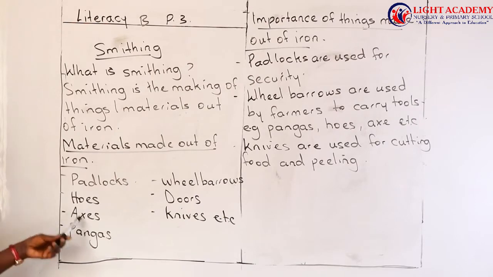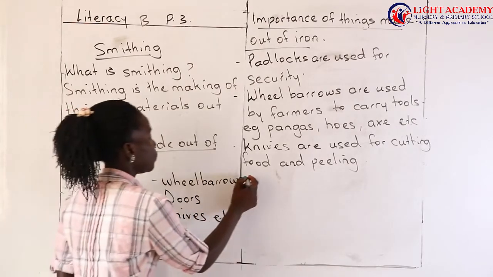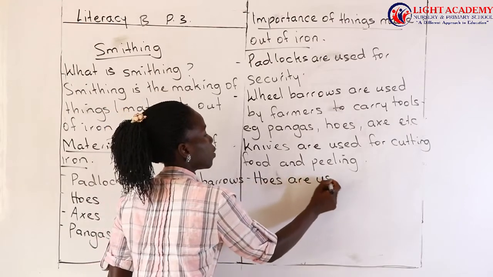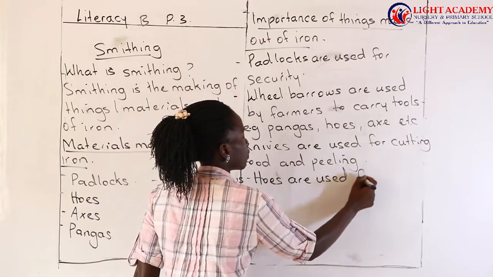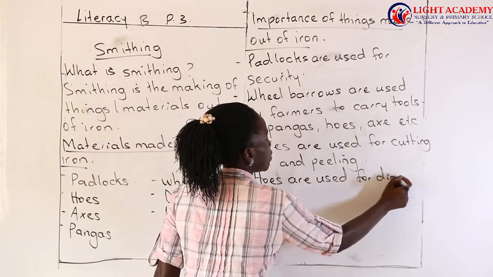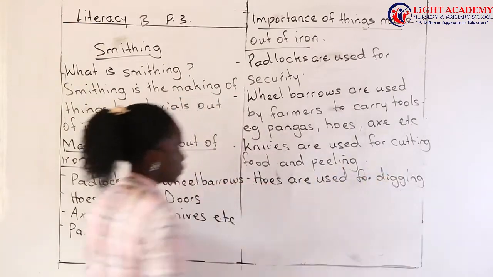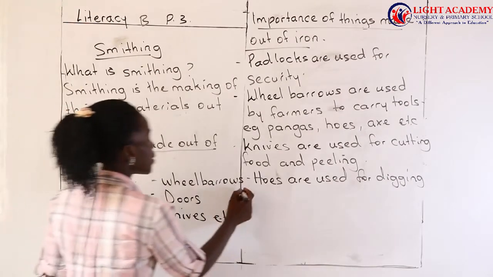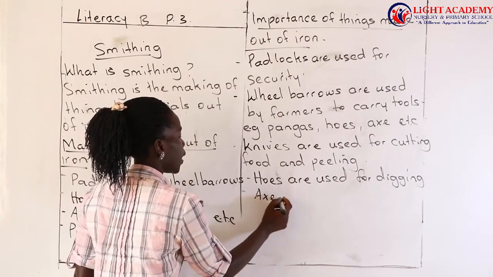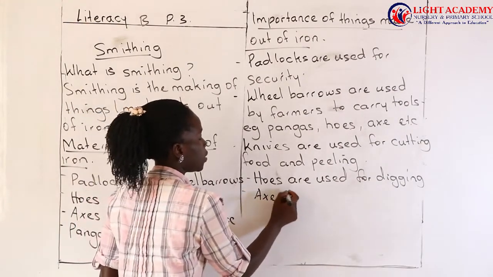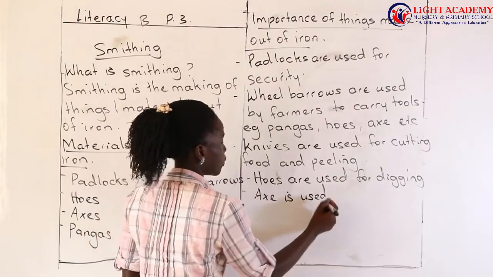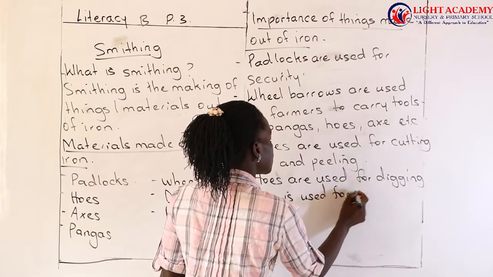So we also have the hoes and the pangas. Hoes are used for digging. The axe is used for cutting big trees.